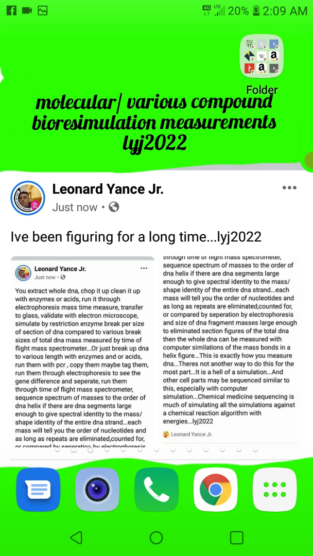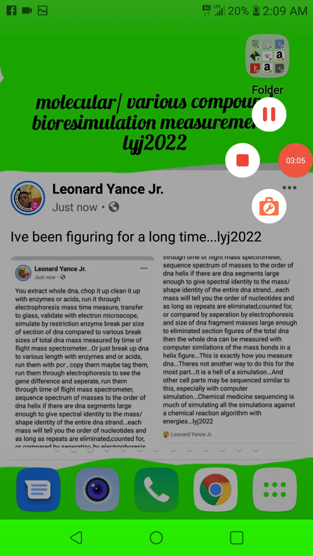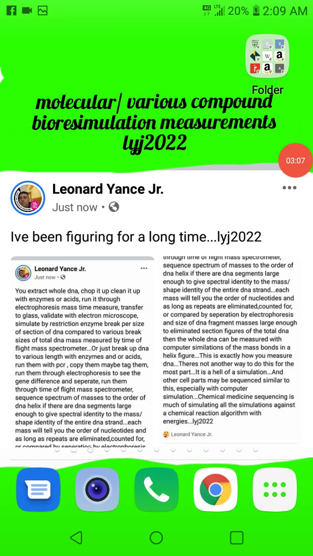Or compared by separation by electrophoresis, and size of DNA fragment mass is large enough to eliminate section figures of the total DNA, then the whole DNA can be measured with computer simulations of the mass bonds in a helix figure. This is exactly how you measure DNA.